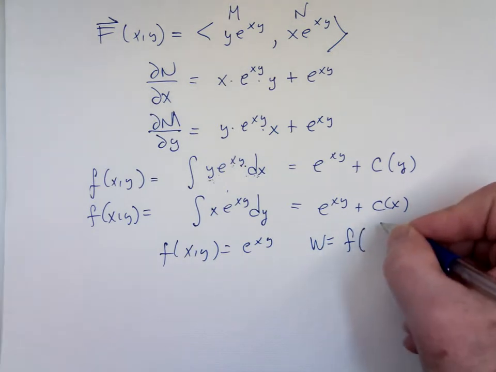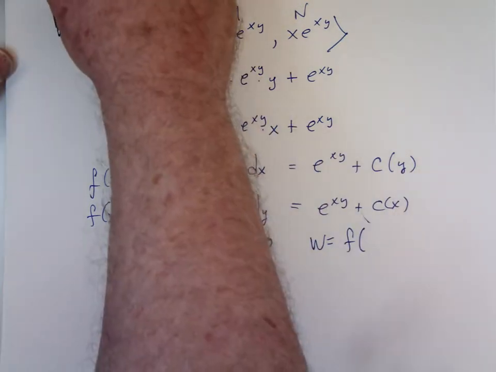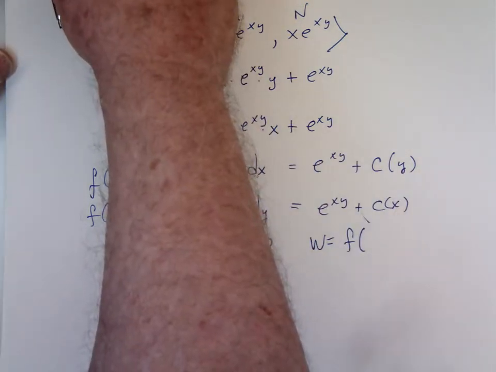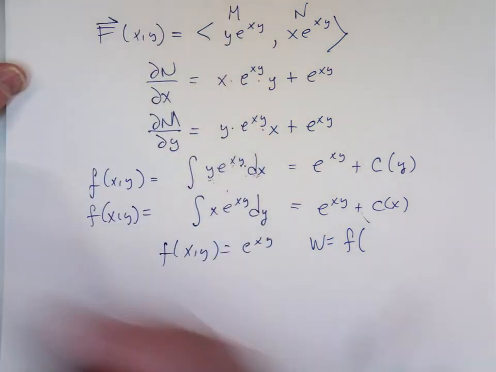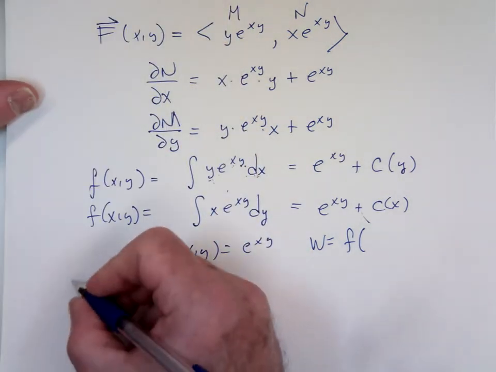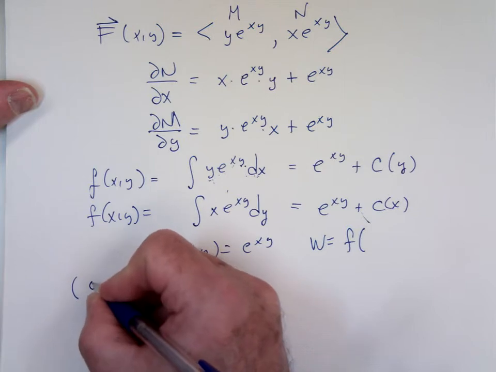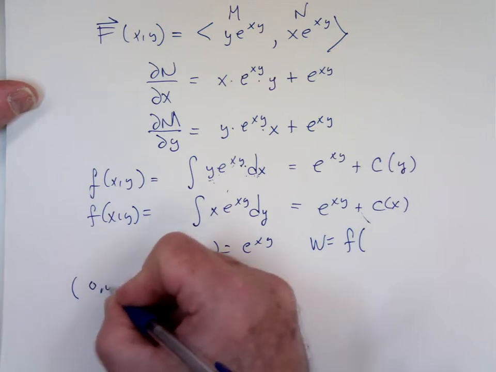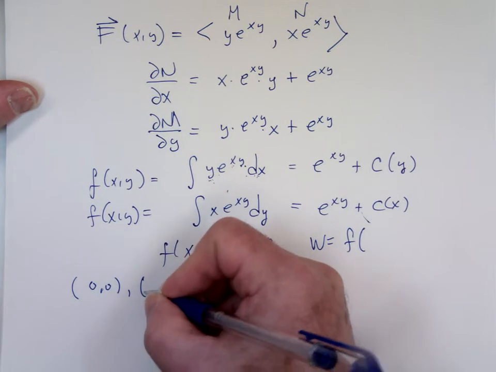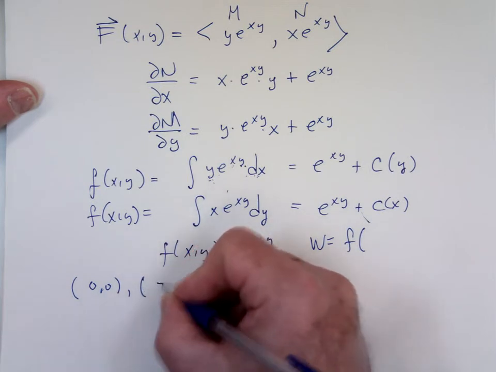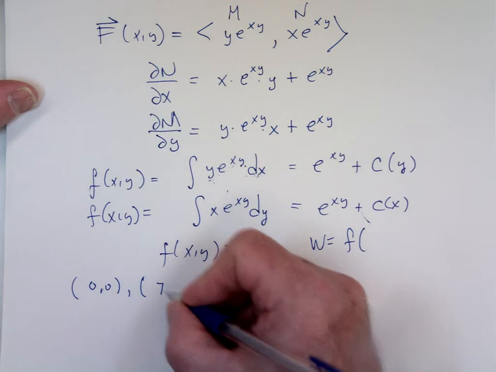Well, let's see, what is my potential at the end? My t is going from 0 to 7. So here's the start point, 0, 0. The end point when t is 7 is 7, 0. Is that right?